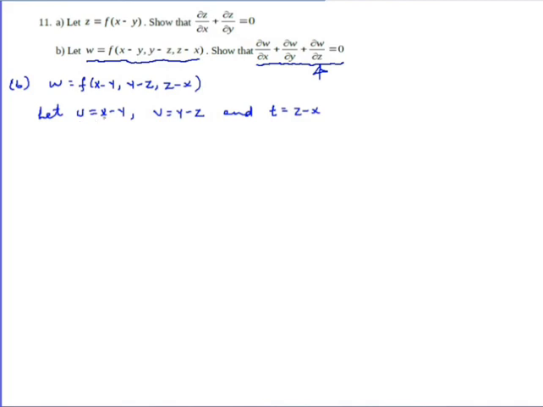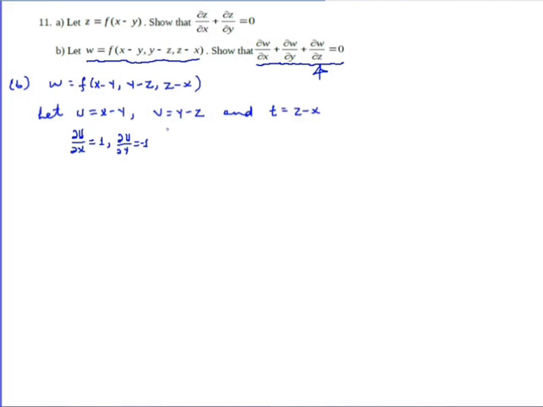So u is x minus y, which means the partial derivative of u with respect to x is 1, and u with respect to y is minus 1.